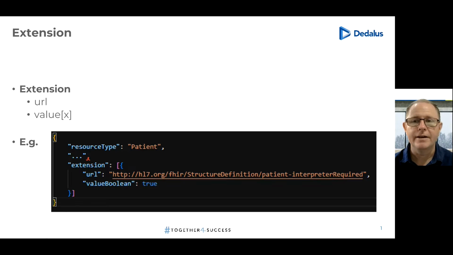So if I had an application that was an appointment booking application, I might want to know whether they need an interpreter as well. So I may want to use this particular extension to gain access to that information. You can see it's a Boolean data type, and this particular patient does need an interpreter. So really simple extension. You can see that it's an array of extensions, so I can have multiple extensions at that root level, which is great.